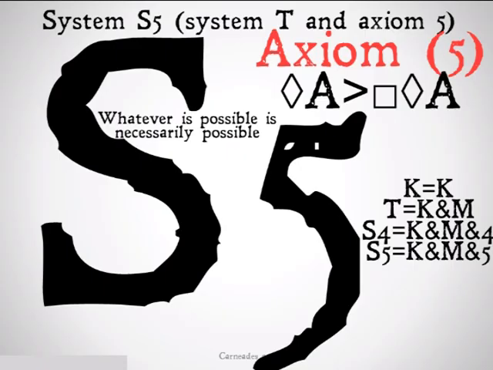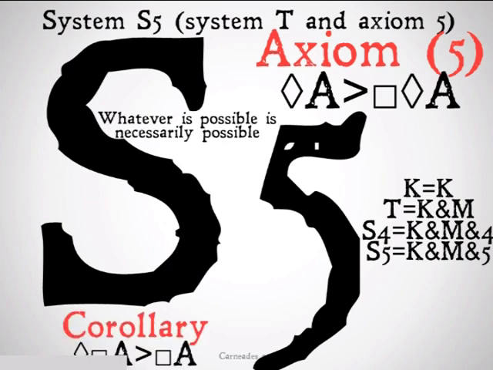As I noted before, we're not adding both 4 and 5 to K and M. We're just adding 5 because we can actually get 4 from Axiom 5. And there's going to be a corollary to Axiom 5, which is: it's possible that it's necessary that A implies that it's necessary that A. That corollary is where a lot of people are going to start to have a little bit of trouble with S5.